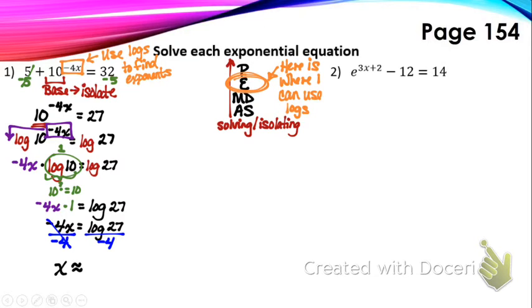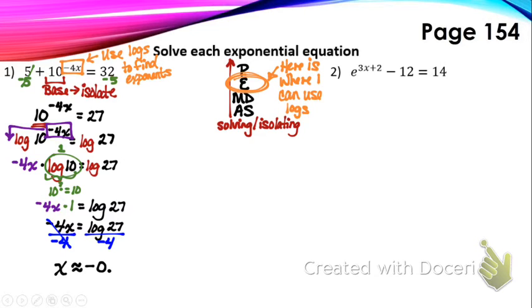What do you get when you put that into your calculator? Does it come out to be a positive number or a negative number? Negative. Big number or small number? Small. Negative 0 point something.